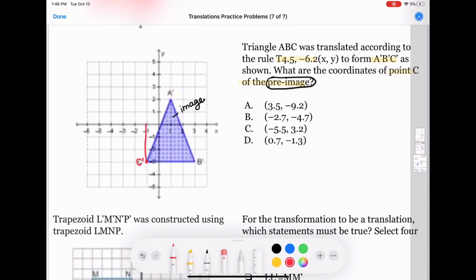Well, it's obvious that C prime is located at -1 and -3. Given that information, we are going to work backwards to identify what the vertex of C in the pre-image is.